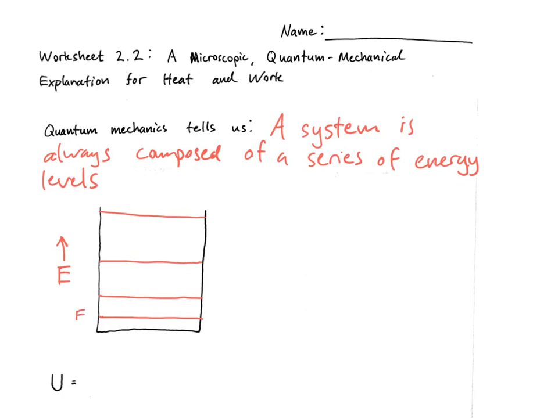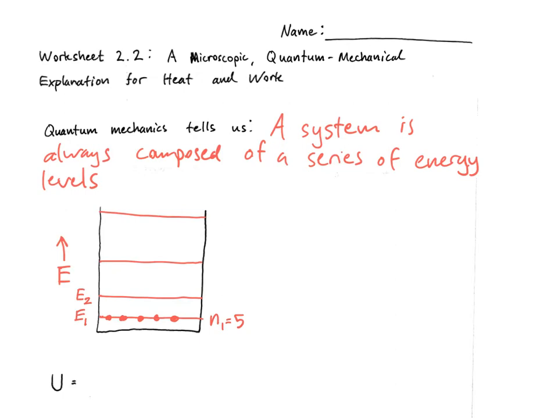So if we say that this right here is energy level 1, let's represent 5 atoms here by just drawing dots at that energy level. That means there are 5 atoms at this particular energy level, and we'll denote the number of atoms at the energy level with N1, like this. So 5 atoms at energy level 1 in our gas.